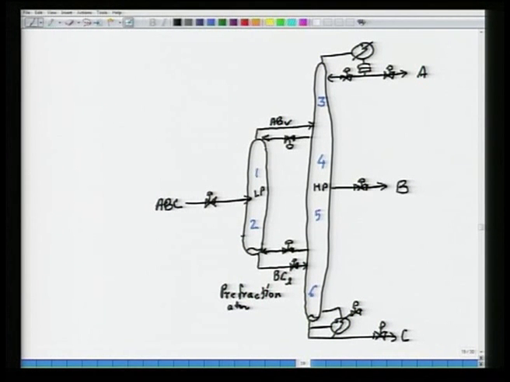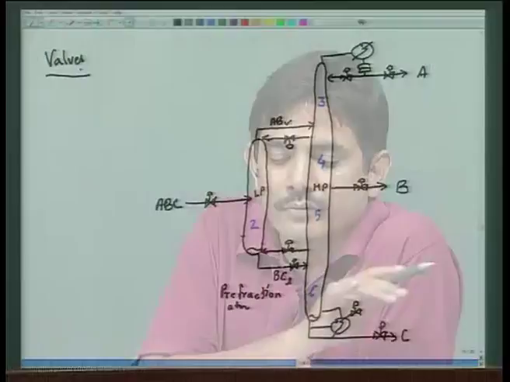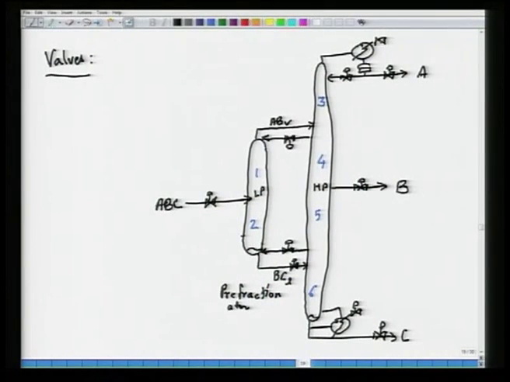So, if I look at the total number of valves excluding the feed, because the feed is being set from upstream or by production rate or whatever. So, the feed is specified. Okay. So, given the feed, the valves that I have are 1, 2, 3, 4, 5, 6, 7, 8, 9, 9 valves.